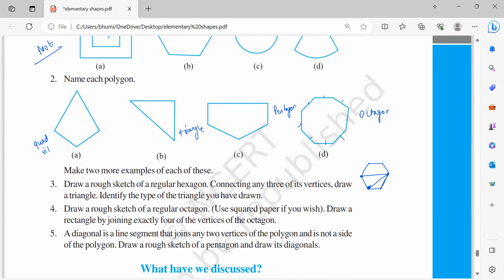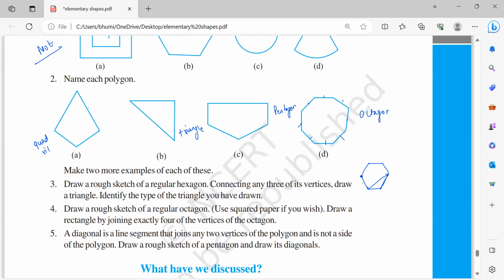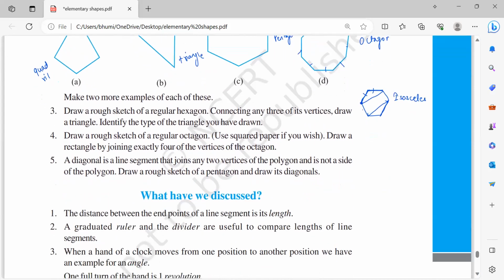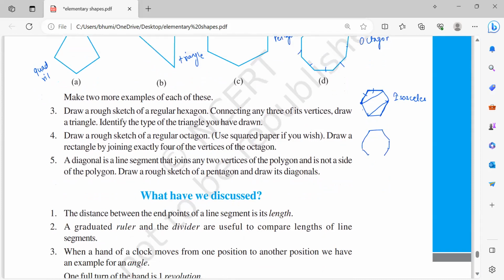If we draw any other one like this, one side like this and then one point from this and this, we can see these are equal. So this is an isosceles triangle. Draw a rough sketch of a regular octagon now. You have to draw a regular octagon, and then draw a rectangle by joining exactly 4 of the vertices like this.